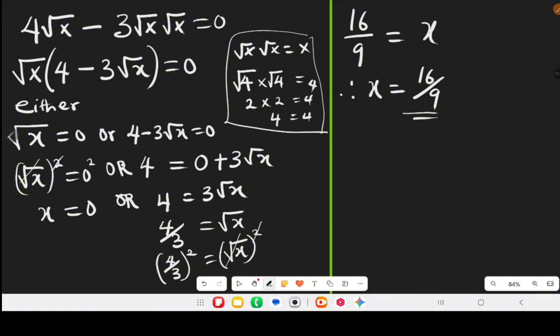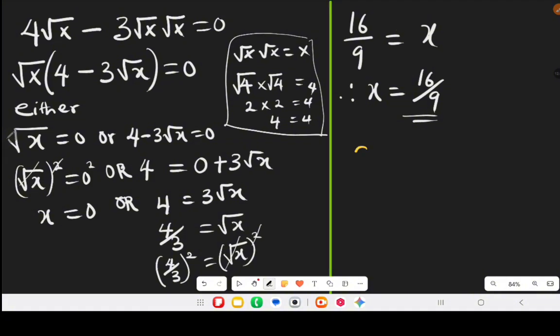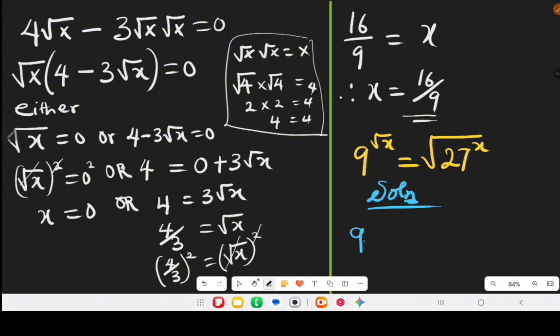Let's dive in. Now I have 9 raised to the power of root x equal to square root of 27 raised to the power of x. Now we have to convert the square root to a power, where we have square root of a is equal to a raised to the power of 1 over 2.